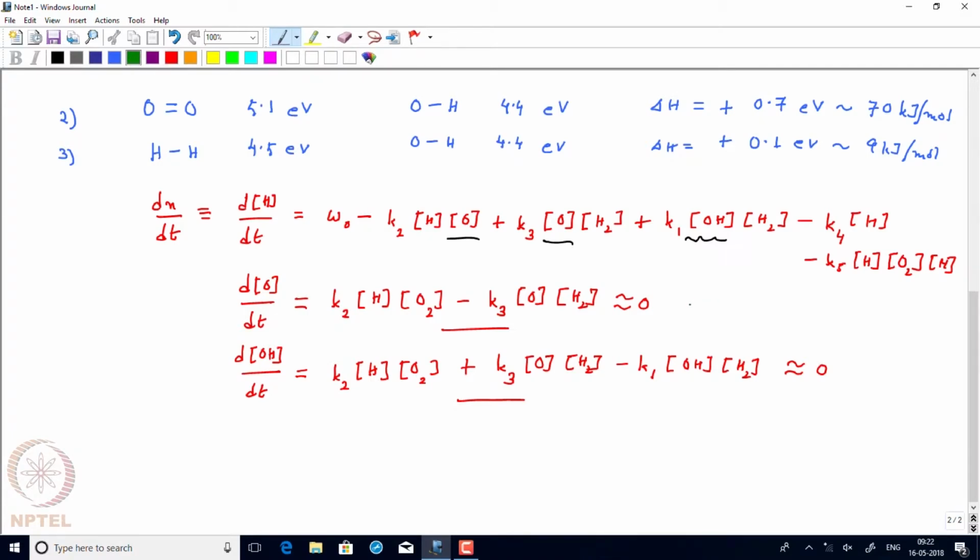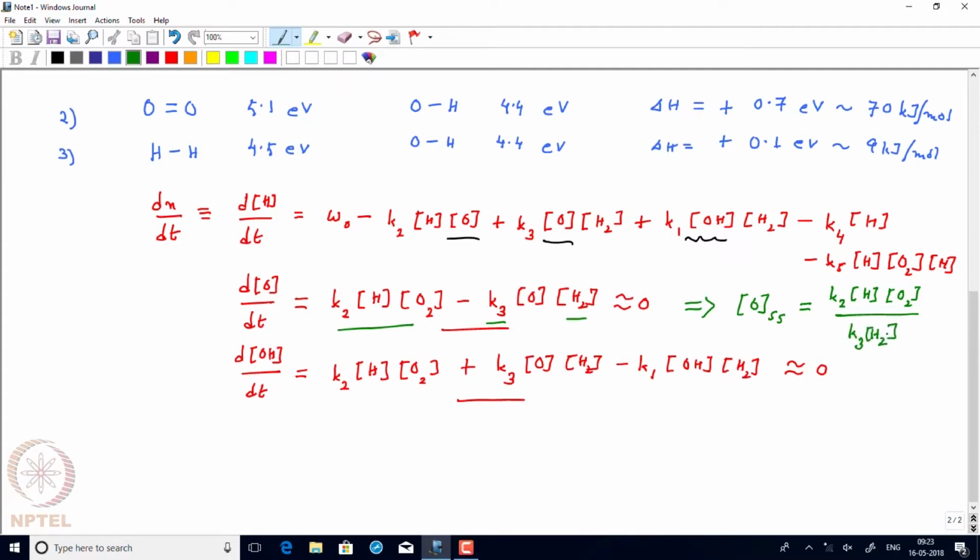So I will get from here the oxygen radical concentration under steady state approximation. It is pretty simple algebra, and you will find K2 into H into O2 divided by K3 into H2.